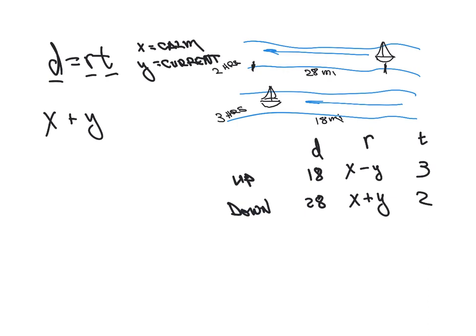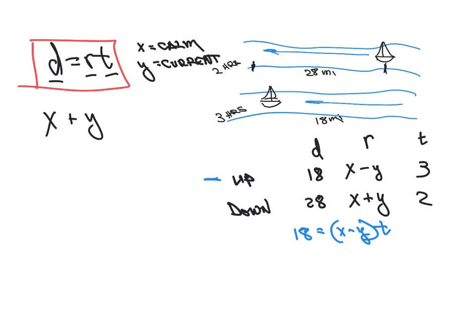If we use the formula distance equals RT, over here, if we're going upstream, that's the top one, D equals RT, 18 equals rate times time.